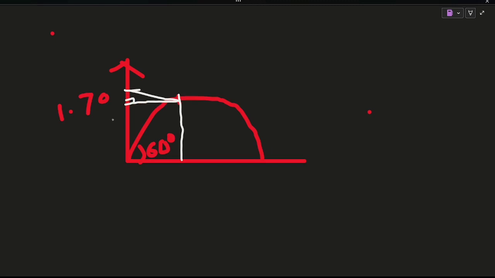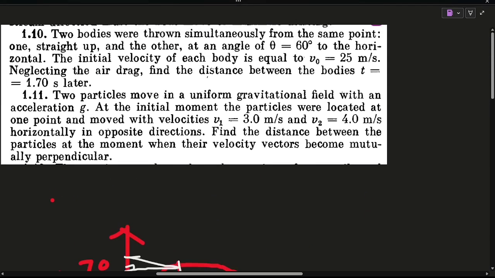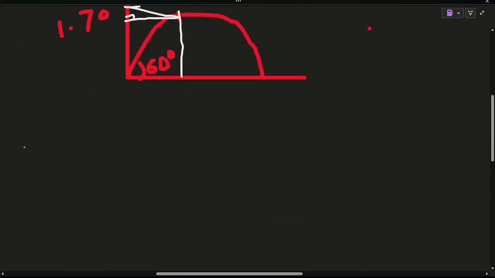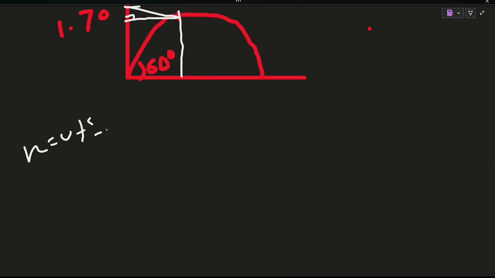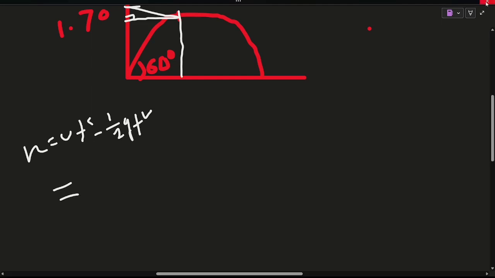Firstly, we know that h is equal to ut minus half g t square. After calculating that, we will find it is equal to 28.339.